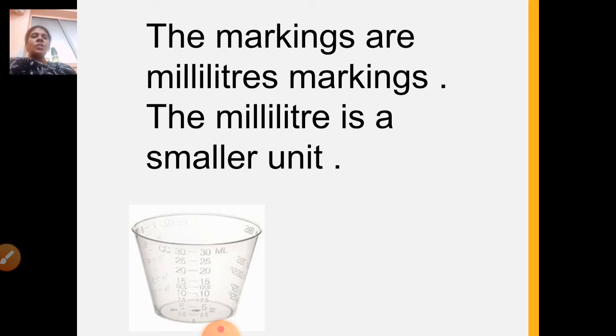As you can see on the measuring glass, it is written 30 ml, 25 ml, 20 ml, 15 ml, 10 ml, 5 ml. This type of measuring glass you can use to take liquids of a smaller measure. So the markings are milliliter markings. The milliliter is a smaller unit.